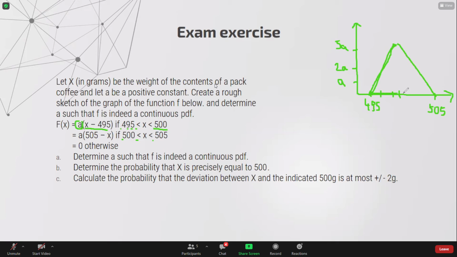We know that the base here is 10, times the height, which is 5 times A, divided by 2 because that's a triangle, and that's equal to 1. So 50 times A divided by 2 equals 1, which gives A equals 1/25, which is the answer in the chat, which is 0.04.